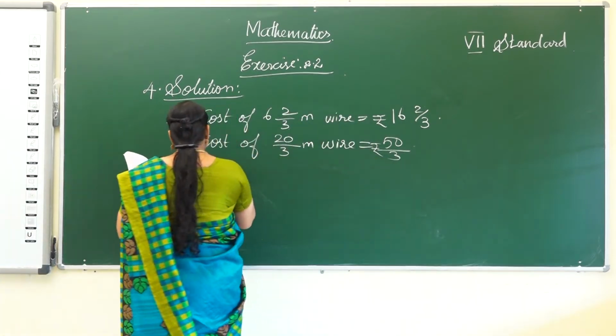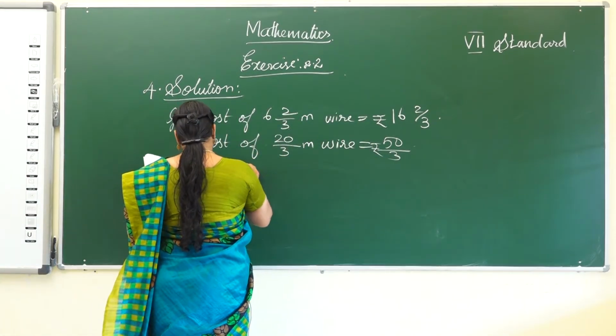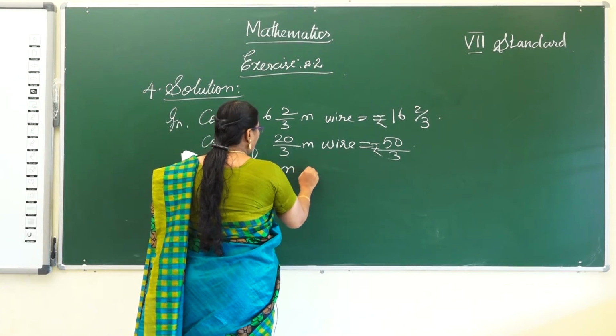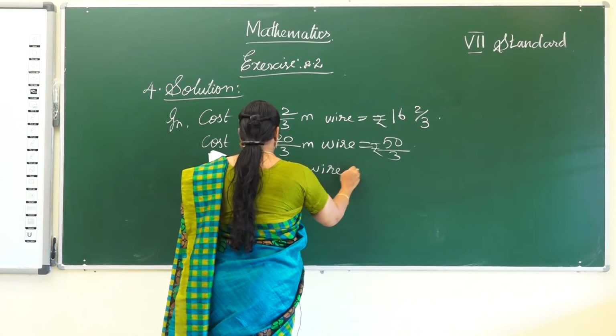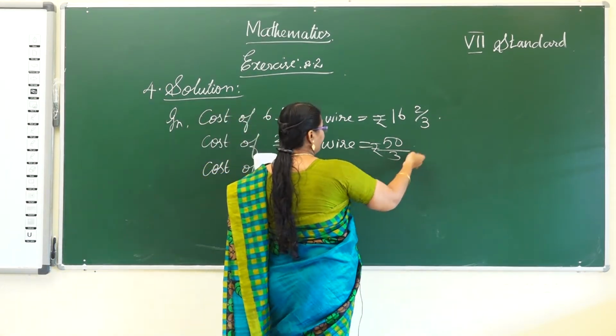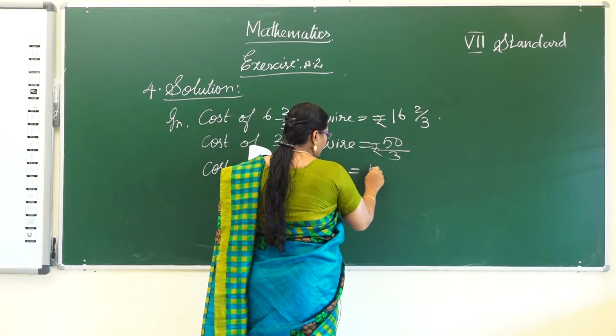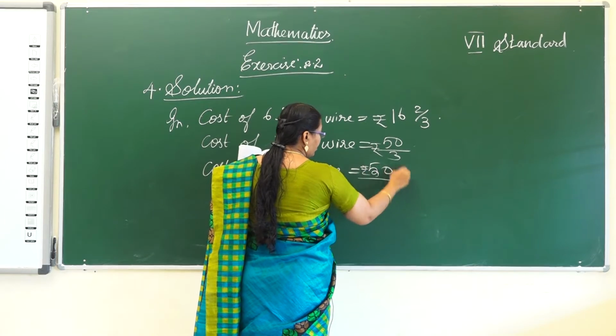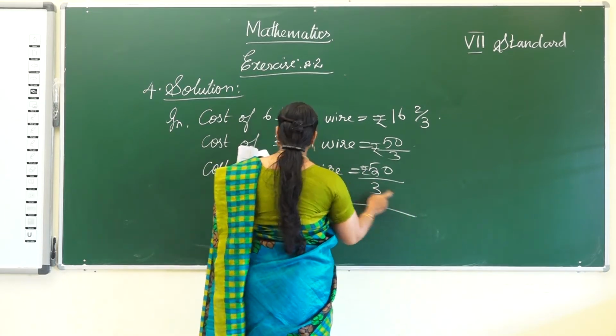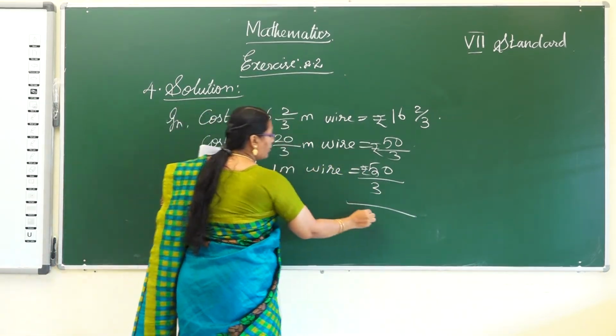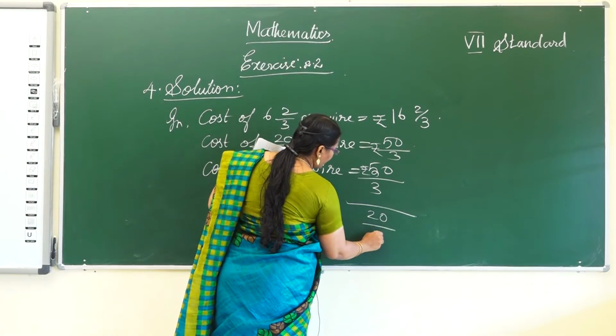And next, cost of 1 meter wire is equal to, what do we do, divide this by this. So 50/3 rupees divided by 20/3.